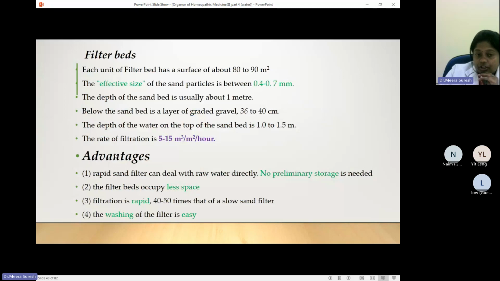Now going towards the filter bed, each unit of filter bed has a surface of about 80 to 90 meters square, doesn't matter, but the effective size of the sand particle is a little bigger.